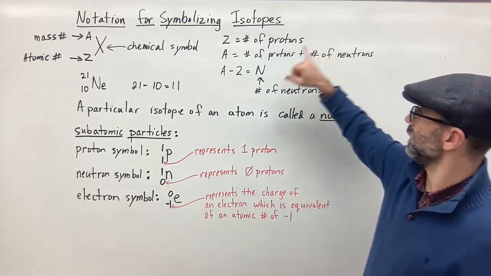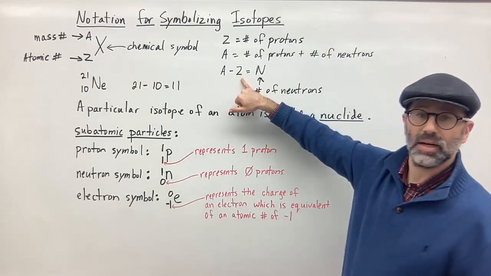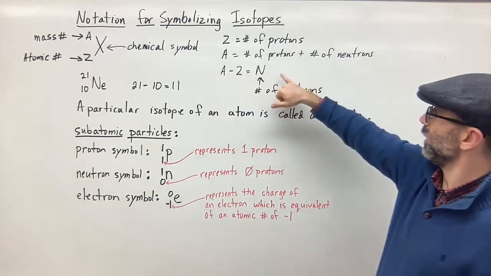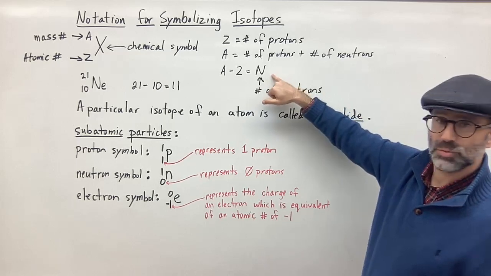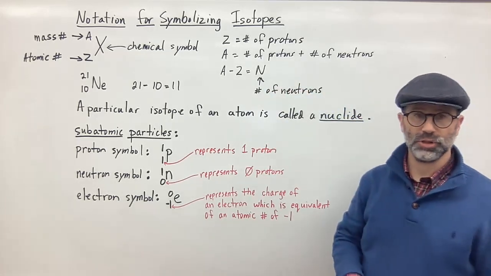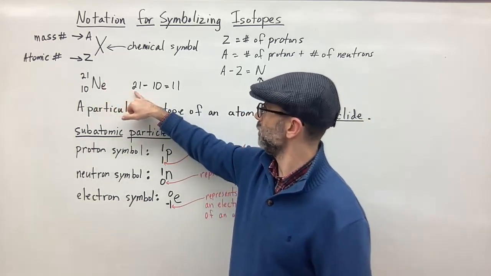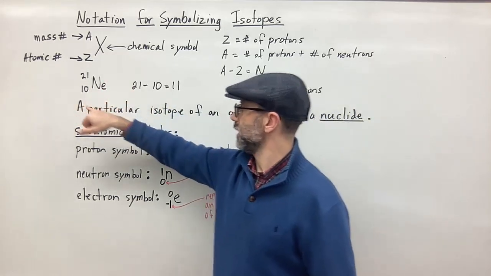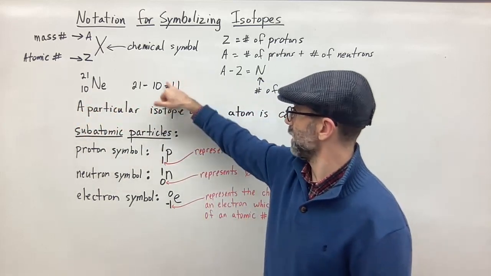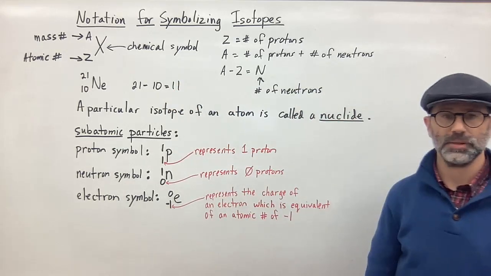So if you take the mass number and subtract out the atomic number, you get the number of neutrons, which is represented by a capital N when we're talking about nuclear chemistry. And so here I can take the top number, 21, subtract out 10, the number of protons, and this particular isotope has 11 neutrons.